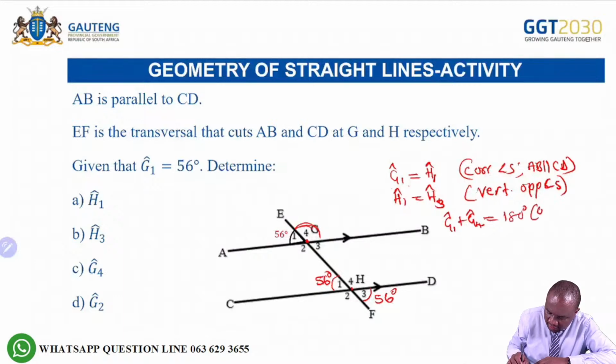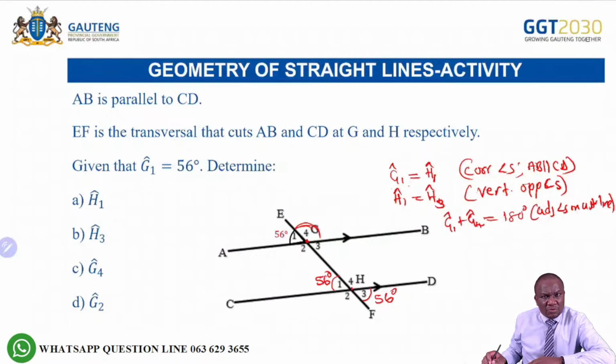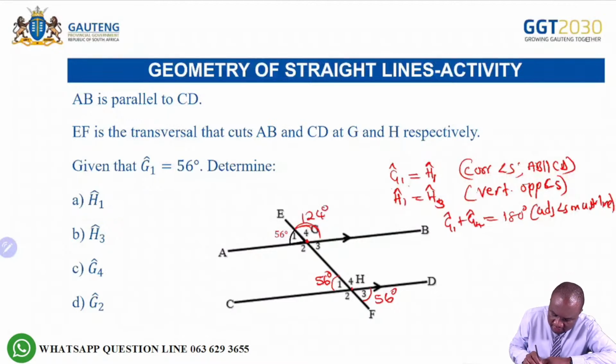The reason, adjacent angles on a straight line. Okay, and then now I have to use my head. What is 180 minus 56? 180 minus 50, that is 130. Is it 124? Please can you confirm that. 124. I think it's 124 degrees. So it's 124 degrees. You see that? You can complete that.